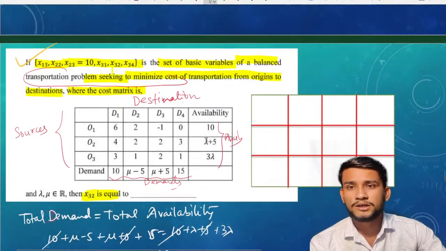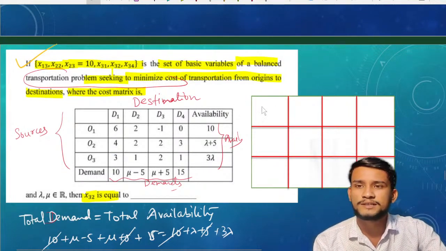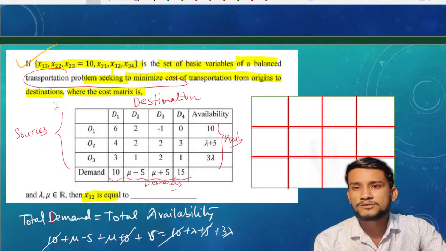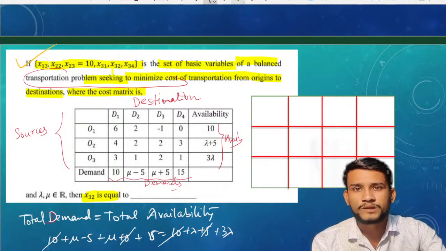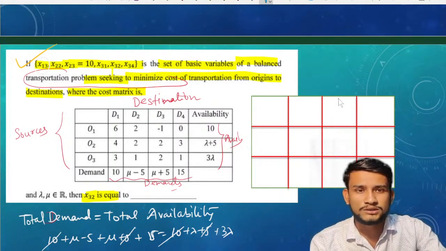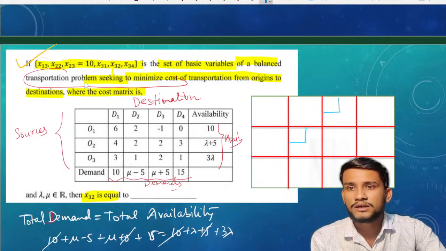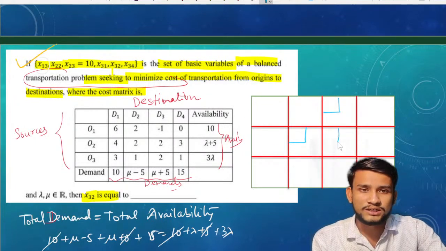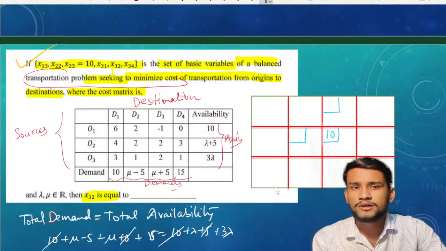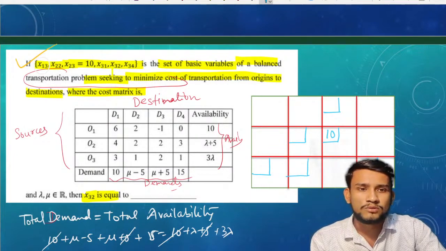Now the basic solution is already given, that means the allocations are given. The first allocation is at x13, then x22, then x23, where the allocation is given as 10. Then x31, x32, and x34.